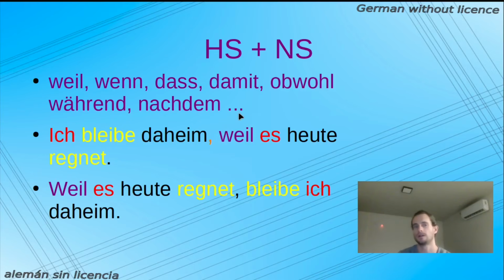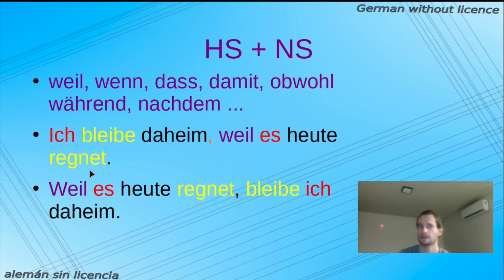I have chosen the same example: "Ich bleibe daheim, weil es heute regnet." As we had the example already, you can see the difference. The meaning is the same, I stay at home because it's raining, just the order is different.